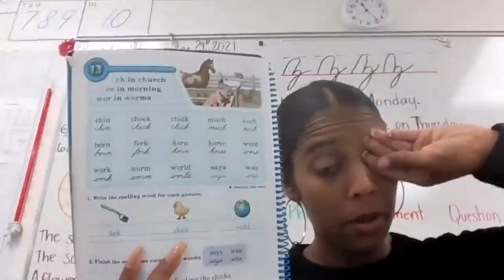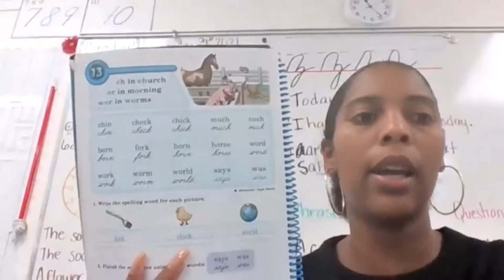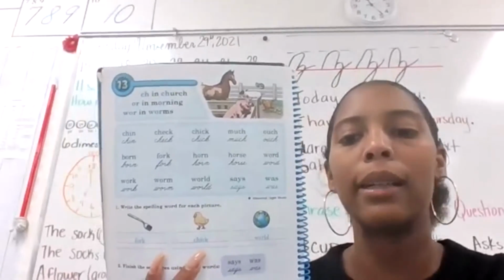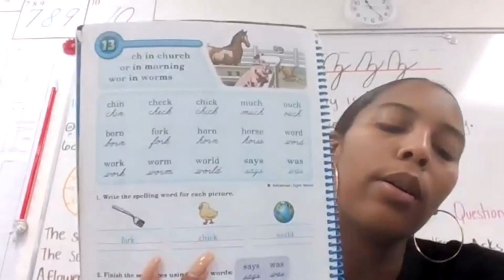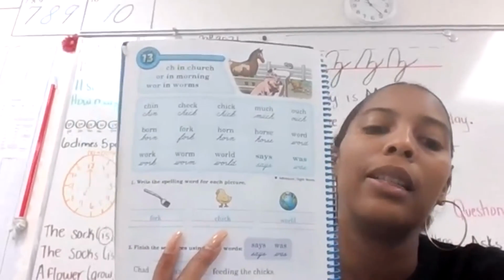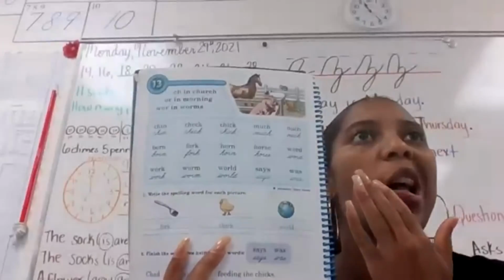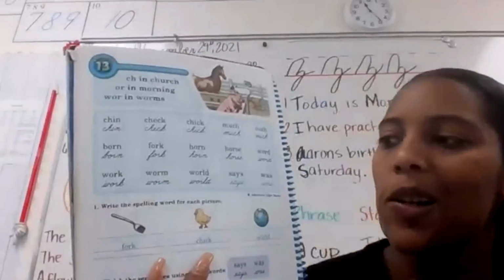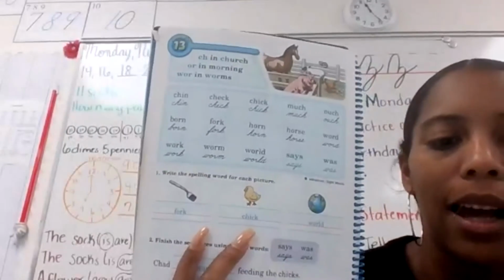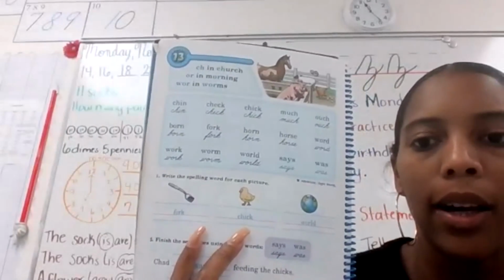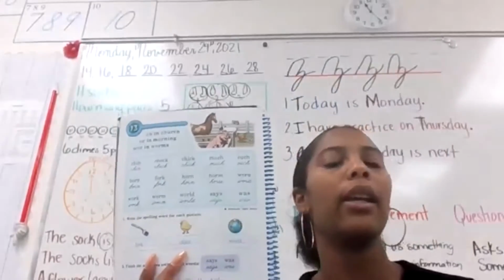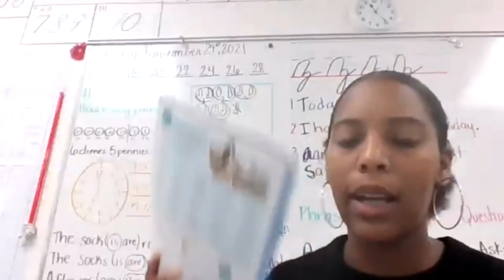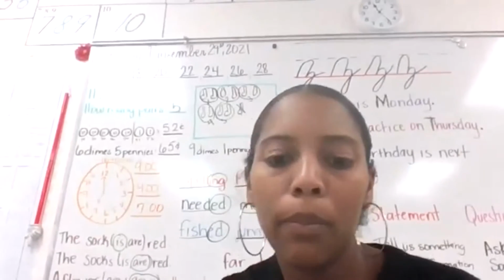Work. WORK, work. Worm. WORM, worm. World. WORLD, world. Y-S says, and was, W-A-S was. Okay, so those are your 15 words in your book.